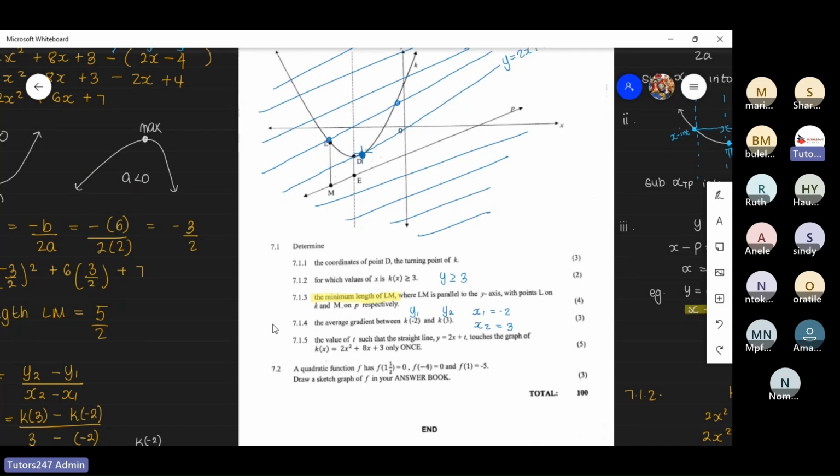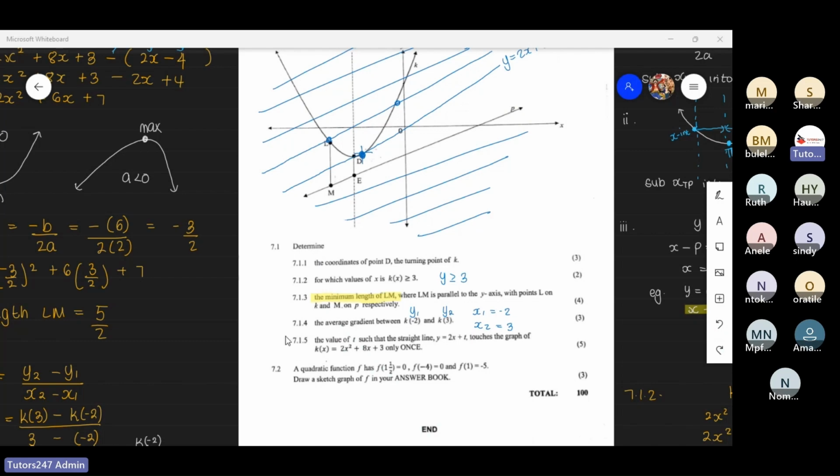Draw a sketch of the graph f. Now, something important to take note of: because they've given you f of an x value equals 0, that means that y equals 0, which means that it is an x-intercept. Whenever your value of y is 0, that is an x-intercept. Always keep that in mind.